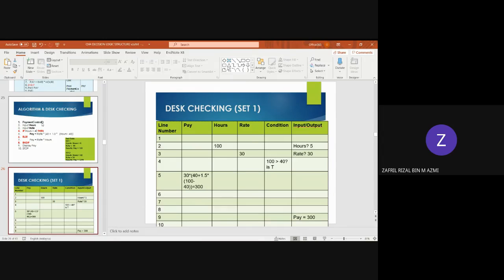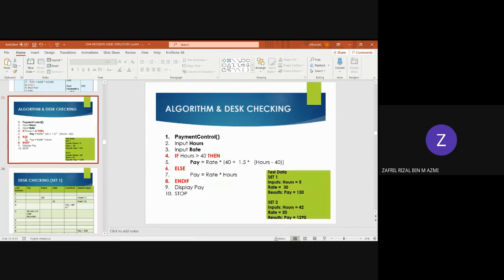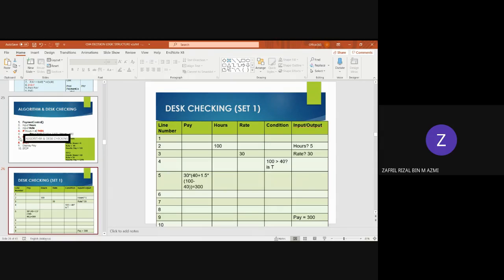Alright. Similarly, in line 6. In line 6 of the algorithm, you can see that it is the else statement, kan. So what should be the process, input? Is there any input or output? Tak ada kan? So confirm line number 6 is going to be empty. Okay, in any case it's going to be empty.